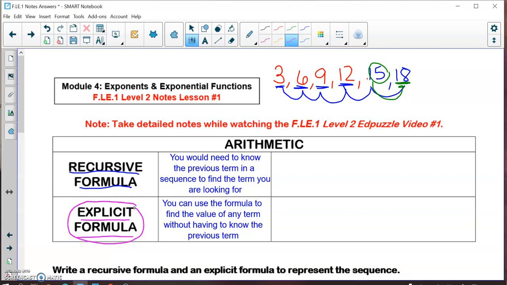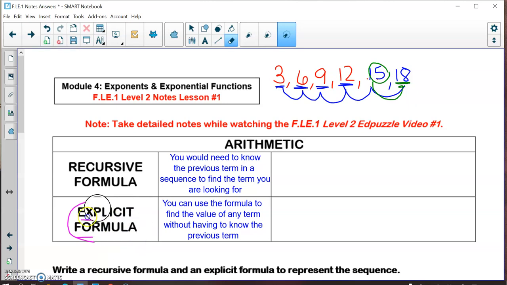But if you wanted to use the recursive formula, you would need to know what the 149th term of the sequence is to find the 150th term. So again, the recursive formula is essentially used for when we are looking for lower term numbers, for example, the sixth term or the seventh term. That's very simple to use the recursive formula.